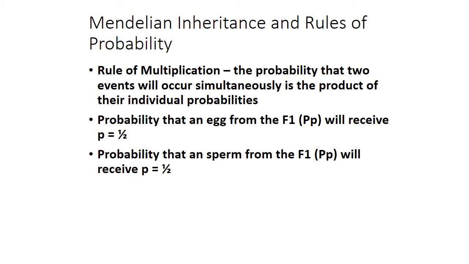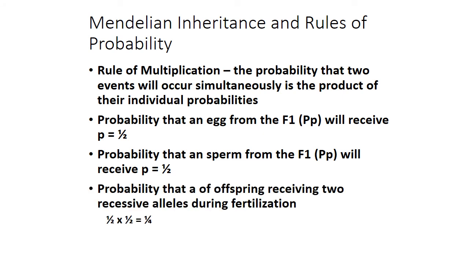Same thing for a sperm that has big P, little p, from that F1 generation. That it'll receive a little p is 1/2. It'll either receive the big P or the little p, which means the probability of a child being little p little p is a multiplication of the 2. So 1/2 times 1/2, which gives us 1/4.